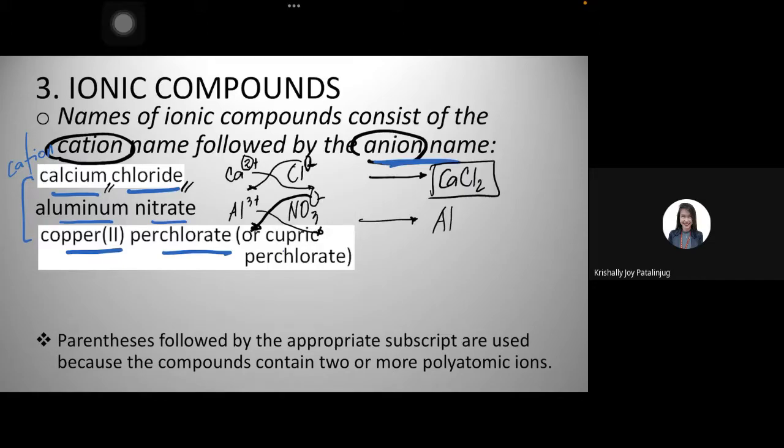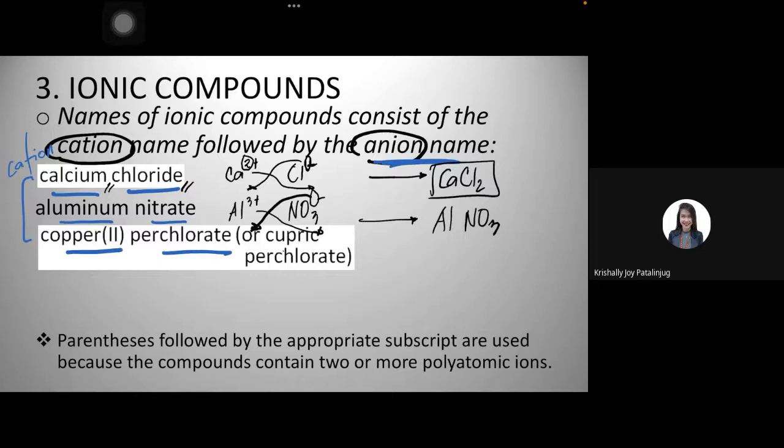So a subscript of 1 is not written. So you can write immediately nitrate. What would be the charge? I mean, the subscript rather. So you tell me, what's the subscript of the nitrate ion? Okay, 3.